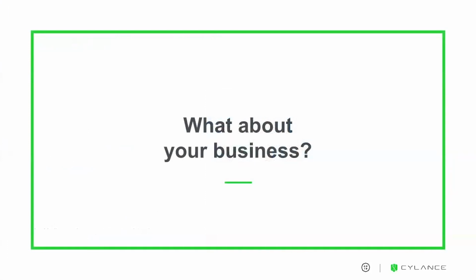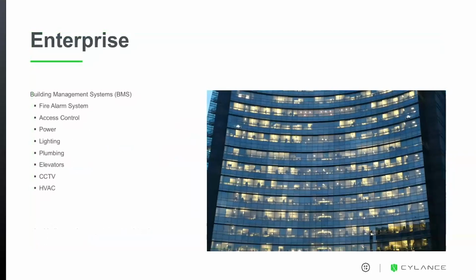So the business environment. What about your business environment? Well, in most modern office buildings or commercial buildings, you have building management systems, and these handle everything from the fire alarms to the surveillance systems, CCTV, to HVAC, plumbing and lighting control.